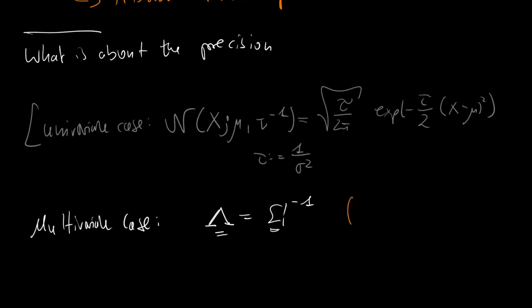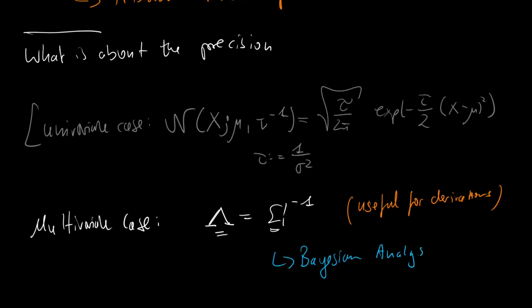Maybe if you have small matrices of size 3 by 3, 2 by 2 or something, then you can also calculate it explicitly. But in general, please don't do matrix inversion. This is just a handy thing that is required for some Bayesian analyses, for instance, calculating posteriors and so on and so forth.